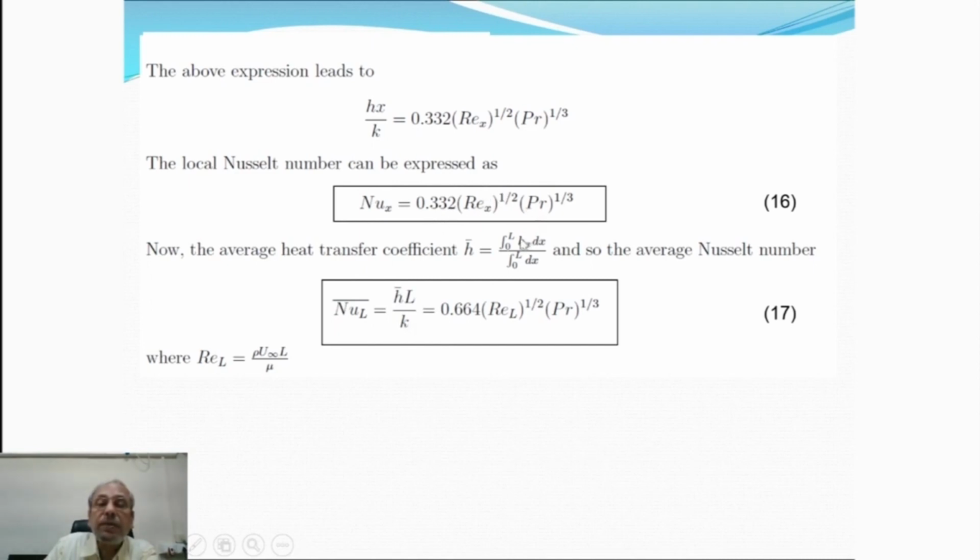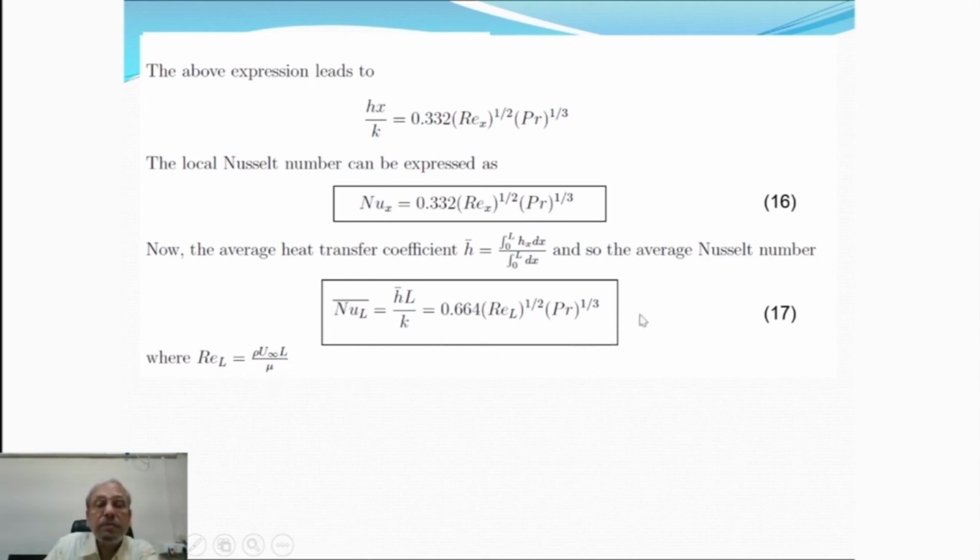If we substitute hx here from this expression, we will get 0.664 Reynolds number based on the plate length to the power half, Prandtl number to the power 1/3, simply evaluating this integral and dividing by L, where Reynolds number based on plate length is given by rho u infinity L by mu.